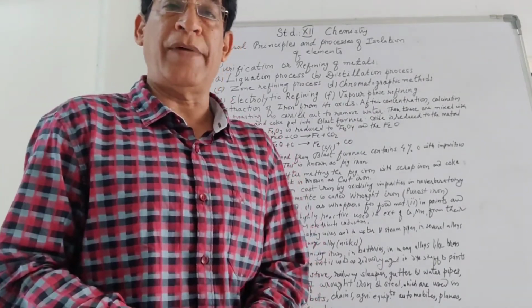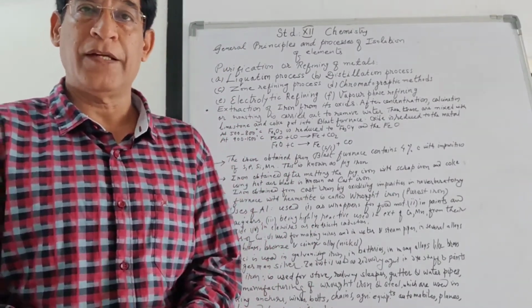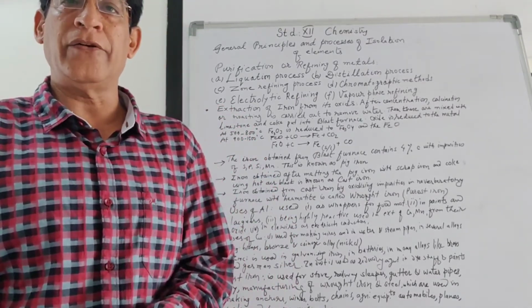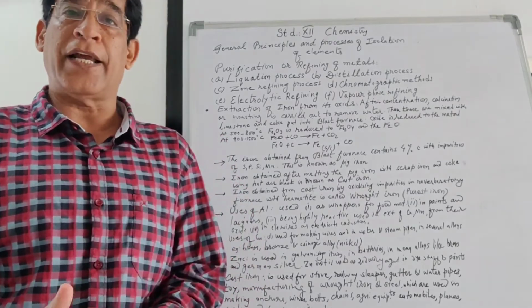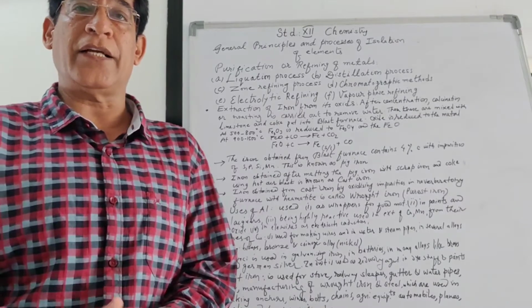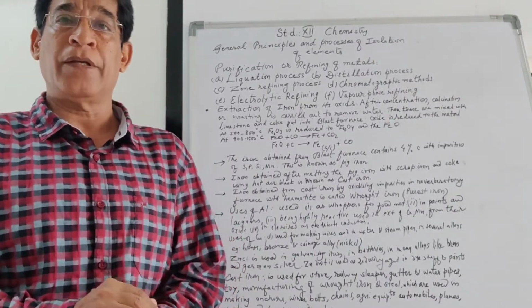Now, sixth method, vapor phase refining. In this method, the metal is converted into its volatile compound and then collected. It is then heated so that it gets decomposed to give pure metal.